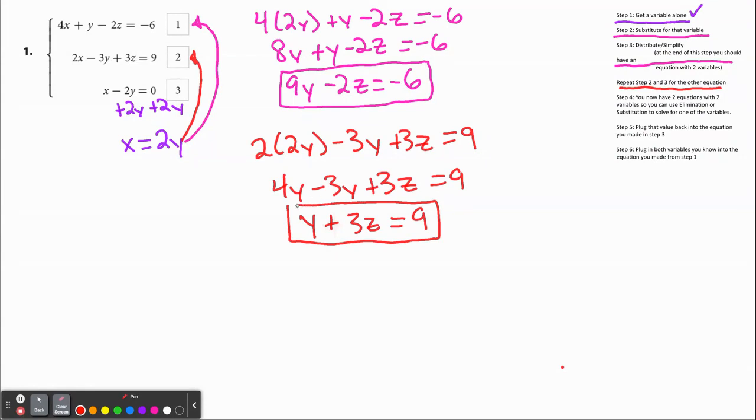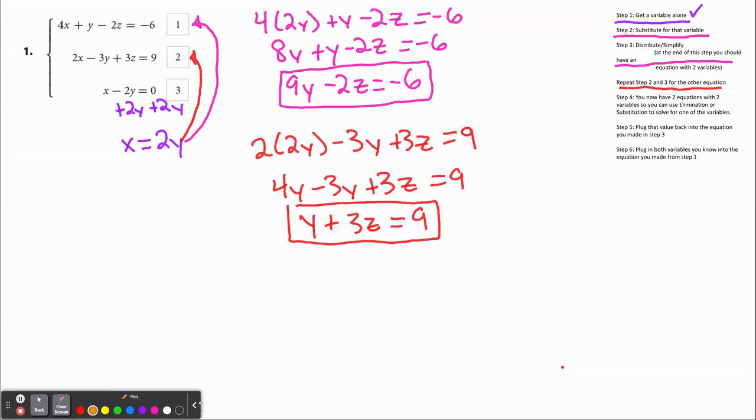Now I have two equations with two variables, y and z. And now I'm just going to use what I know about two variable systems to solve for y and z. So this is just like a two variable system now, just talking about the two equations that I've boxed.